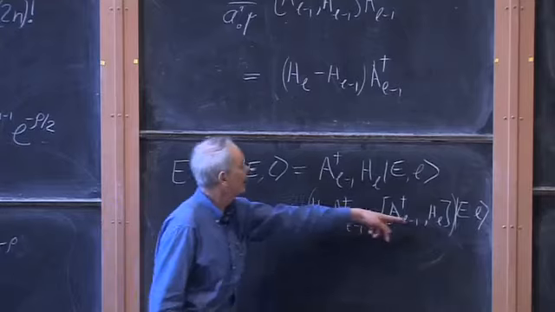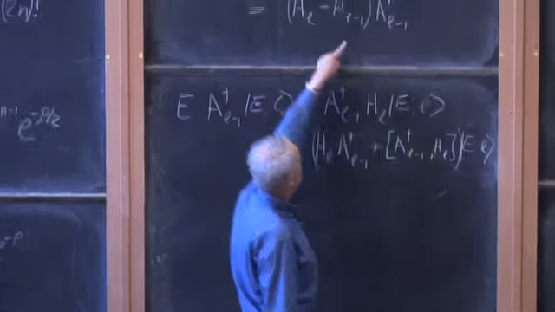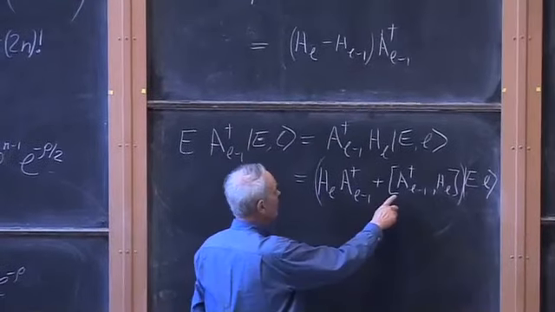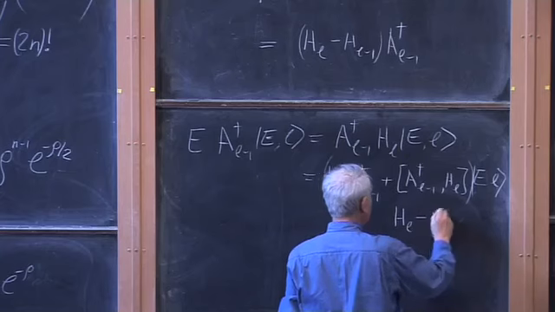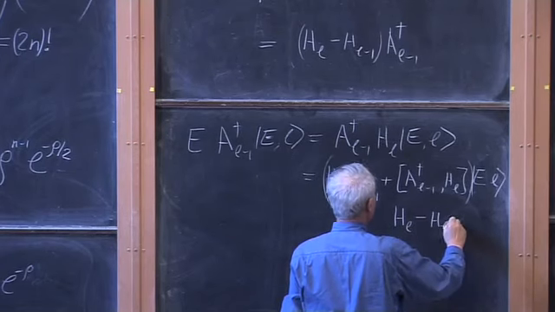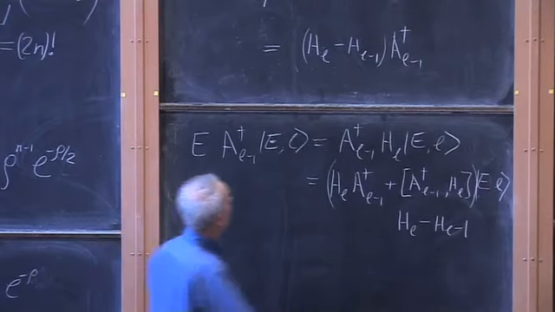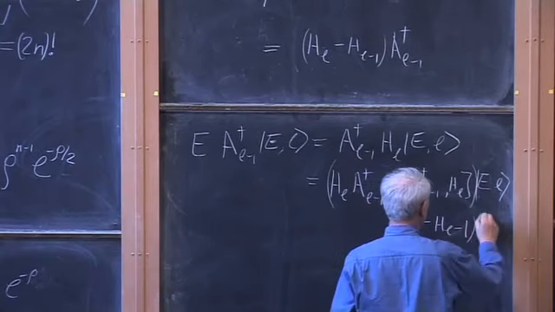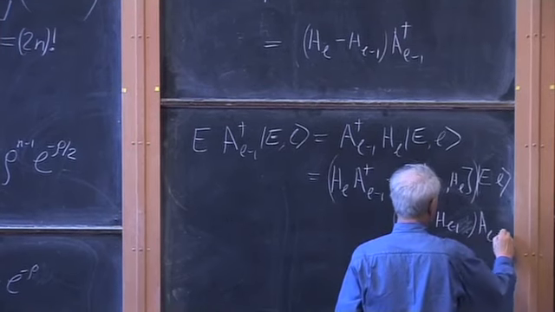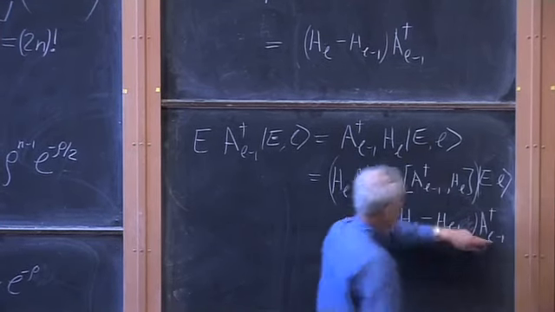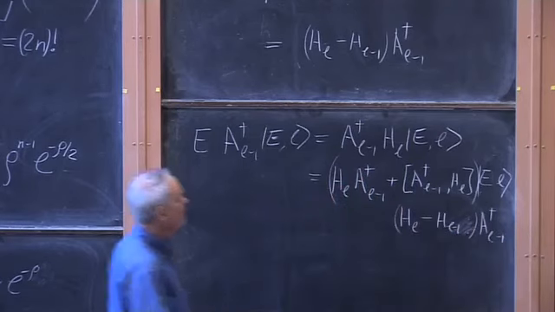And this is what we've just laboriously worked out and found is H_L minus H_{L-1}, times A_{L-1} dagger. That's that, so this expression goes in where that commutator is.